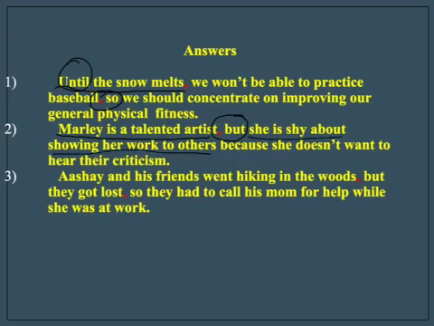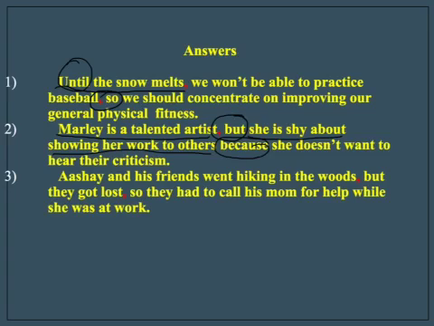But then we have a dependent clause starting with the subordinating conjunction because she doesn't want to hear their criticism. There is no comma here because the subordinating conjunction is in the middle of the sentence, placing the dependent clause at the end. If the dependent clause comes at the end of the sentence, you do not use a comma.